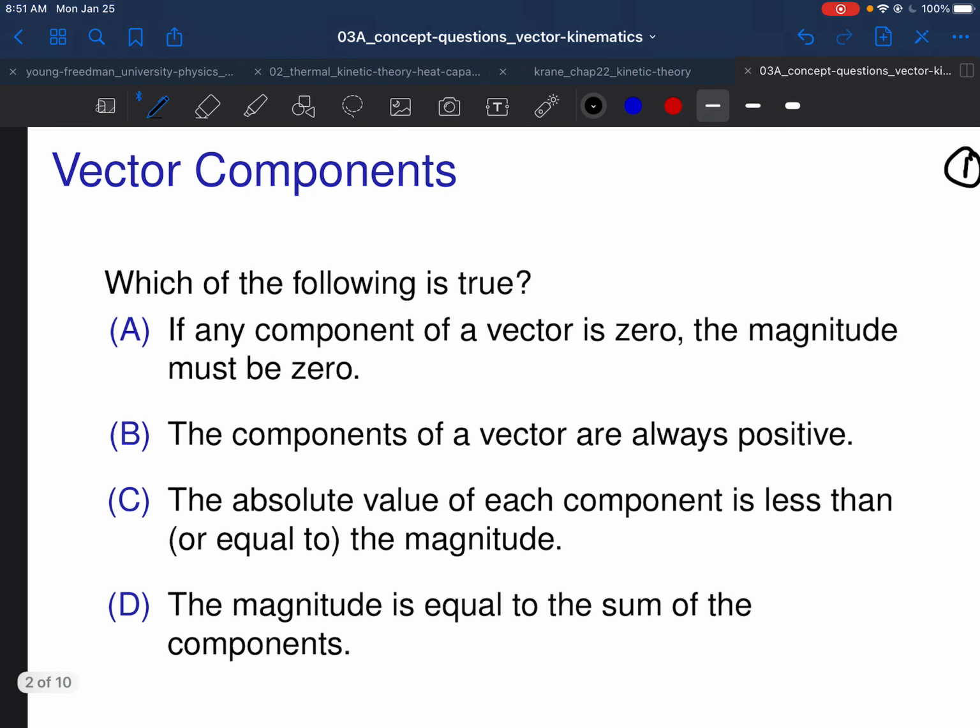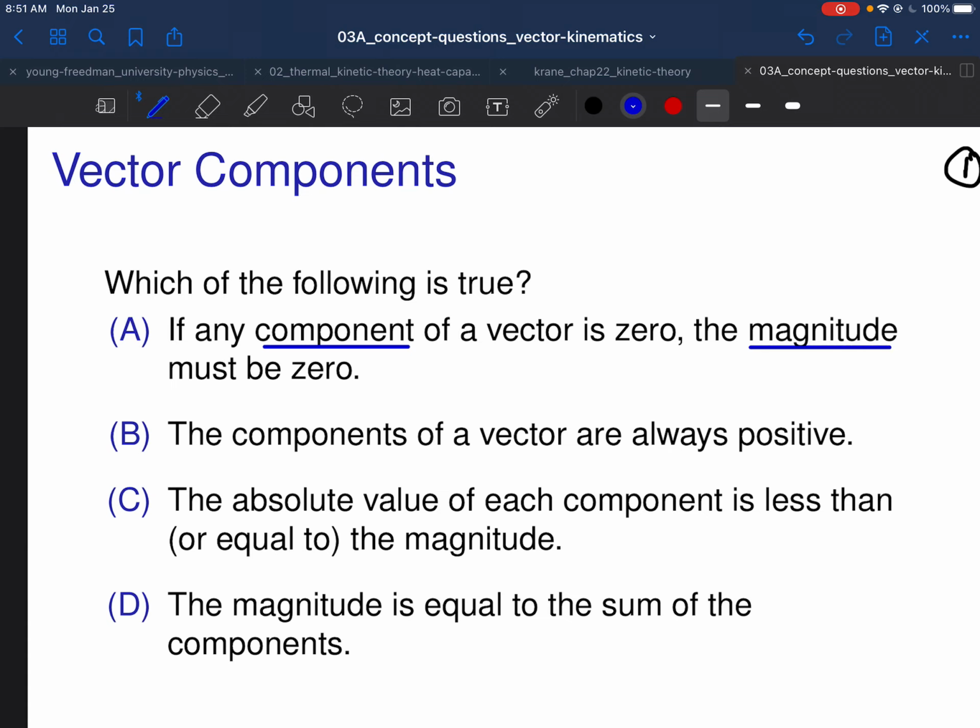So, this question. Which of the following is true? And it could be that more than one thing is true, so let's take each one by one. If any component of a vector is 0, the magnitude must be 0. Well, we know what these words mean now. Components, these are the numbers that you get when you place a vector in a coordinate system.